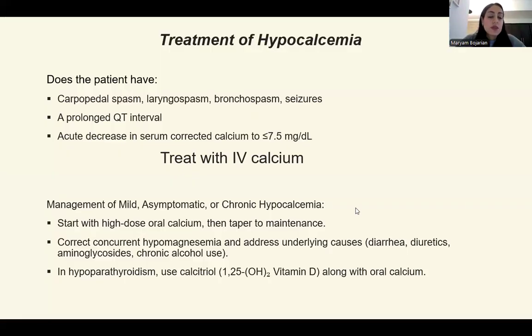Also, if your patient has hypoparathyroidism or kidney dysfunction, you have to give your patient the active form of vitamin D and oral calcium. Because if your patient does not have parathyroid hormone, the enzyme 1-alpha hydroxylase is not going to work. And just as a reminder, what does 1-alpha hydroxylase do?